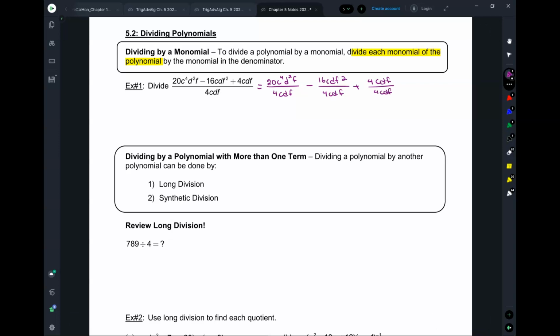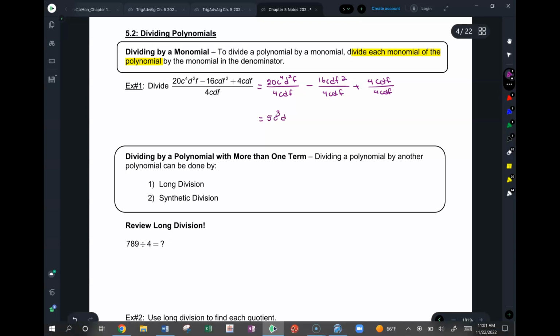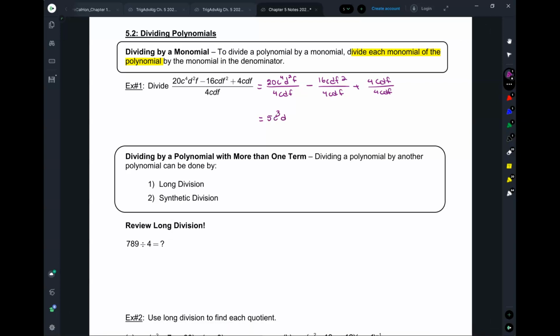Okay? And then we are going to now get 5C cubed D minus 4 just F plus 1. Okay? So this part is similar to what we did yesterday, if you separate them. Once you separate them, that's like what we did yesterday.